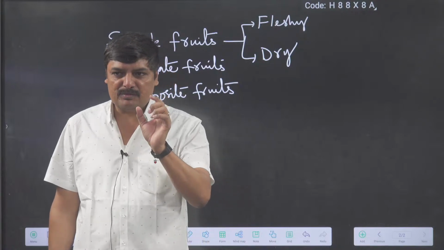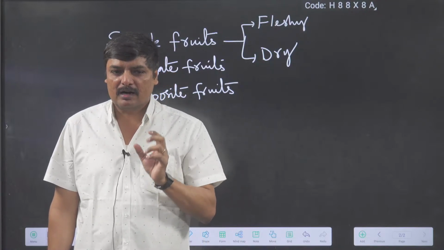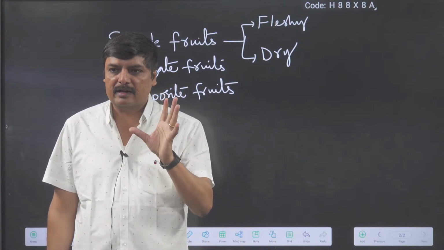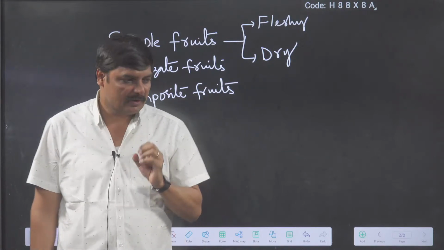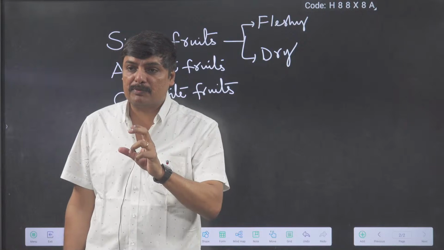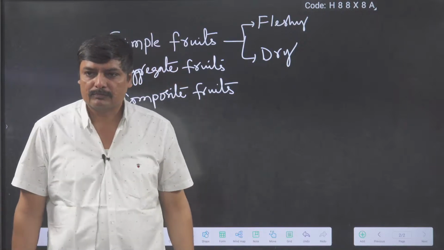In an apocarpous gynoecium of a single flower, all the carpels remain free. It is called apocarpous. Okay? Custard apple is the best example of aggregate fruit.